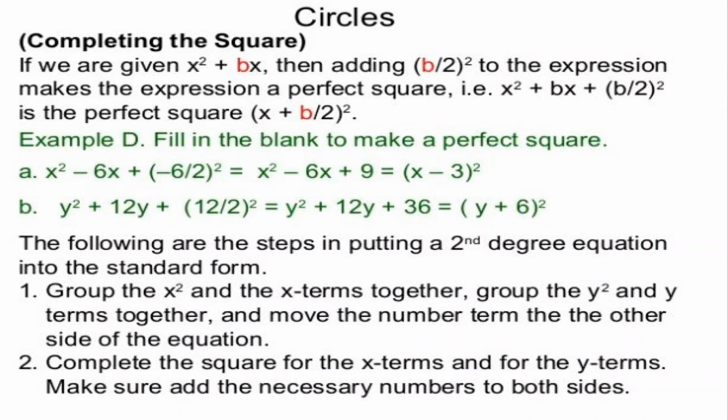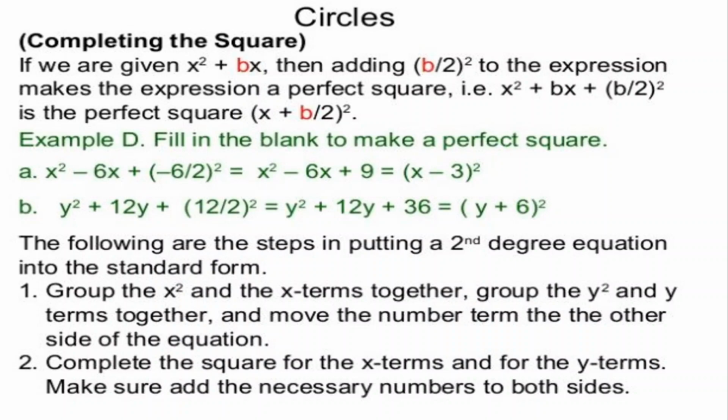The following are the steps in putting a second degree equation into standard form. Group the x squared and the x term together. Group the y squared and the y term together and move the number term to the other side of the equation.